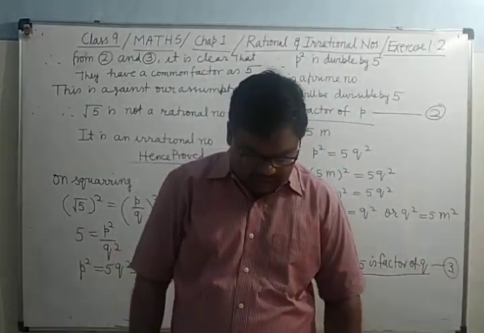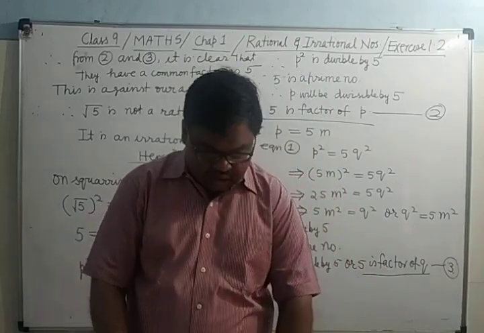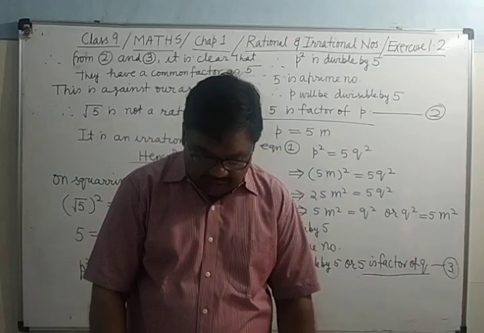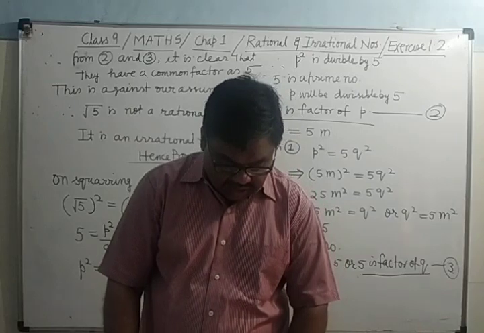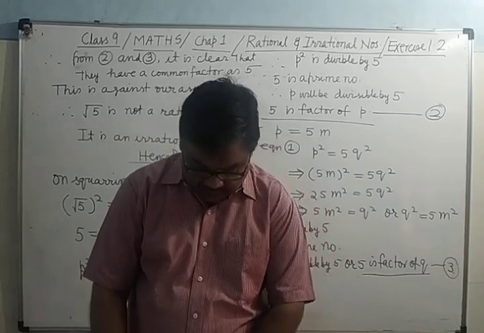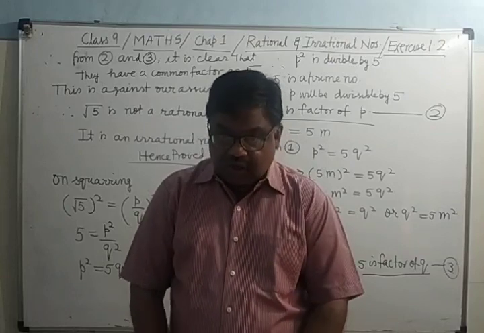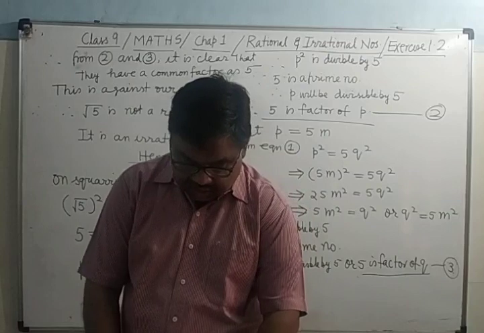We can see another question here, question number 4: 1 upon root 11. There are some questions in the beginning, example 1, 2, 3, which are the same as question 1, 2, 3 given in the exercise.